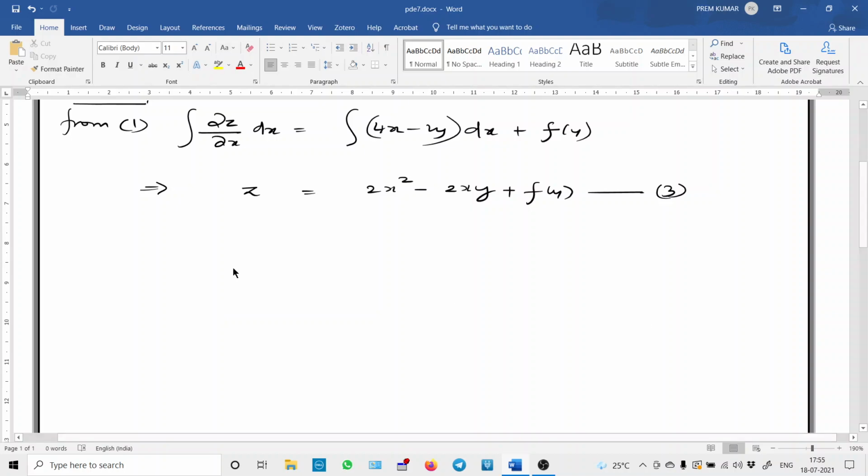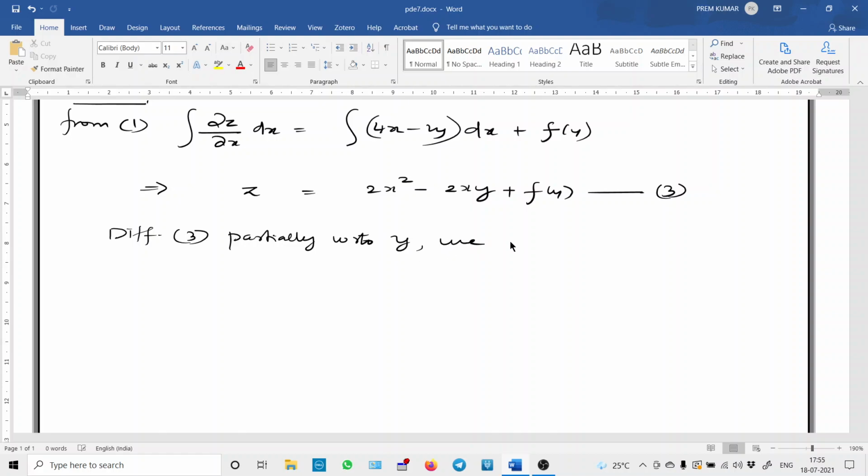Now we are differentiating this with respect to y partially. Differentiating 3 partially with respect to y, we get ∂z/∂y equals, sorry, differentiating partially with respect to y.